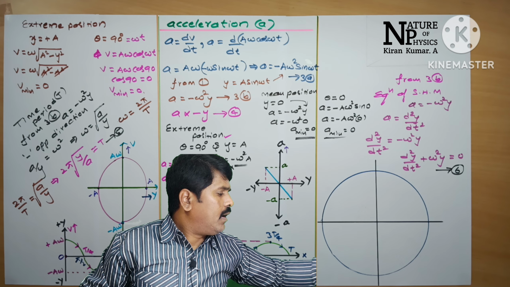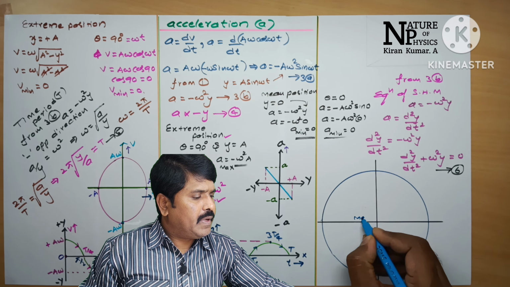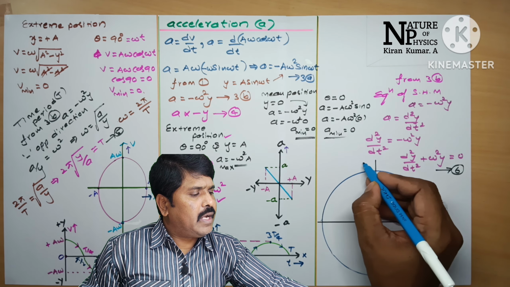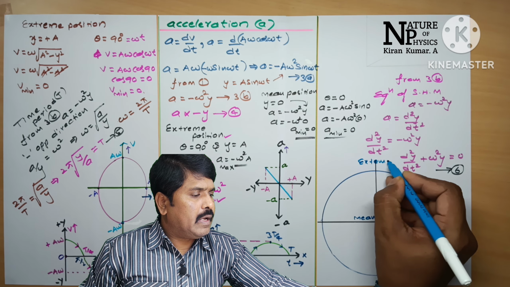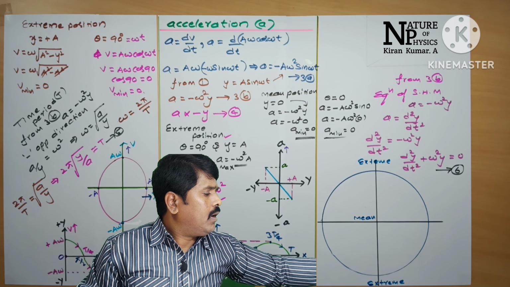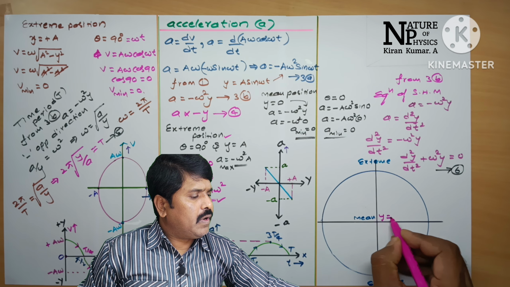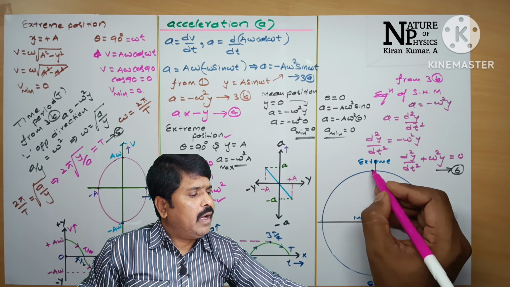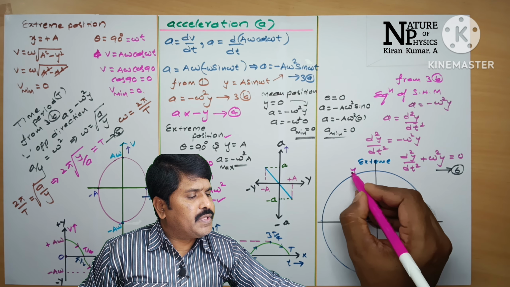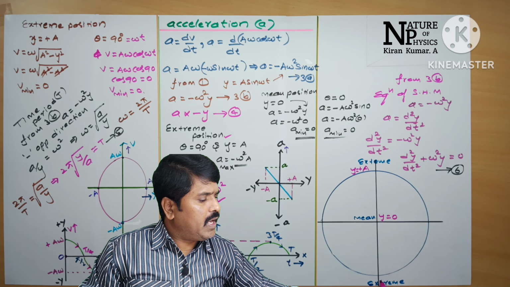Then, continuing here, this is the mean position, this is the extreme position, and this is also an extreme position. Next, representing here, at the mean position y is equal to 0. At the extreme positions, here y is equal to plus a, and here y is equal to minus a.